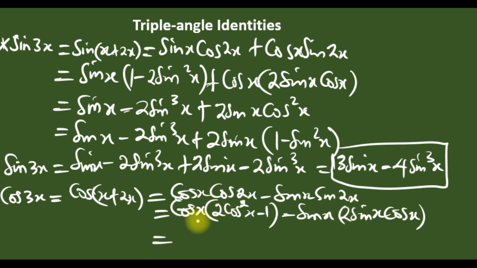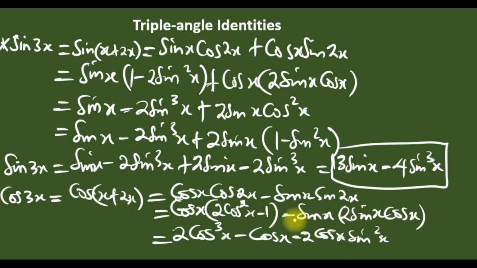So we open up. Cos x times 2 cos squared x is 2 cos cube x. Cos x times that is minus cos x. Minus, we can multiply, which is now 2 cos x sine squared x. So we'll continue.